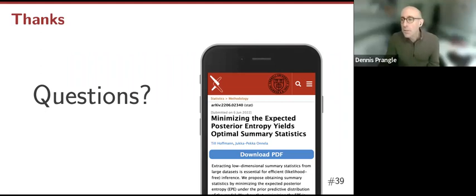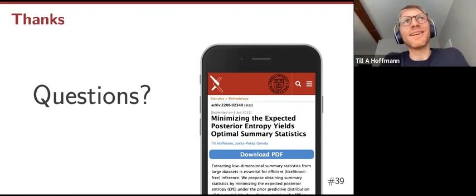Okay, any other questions? Do you have any thoughts on choosing the optimal number of summary statistics? Yeah, difficult. Gut feeling would be on the order of a few times the number of parameters. So we'll need at least the number of parameters to be able to independently identify them.